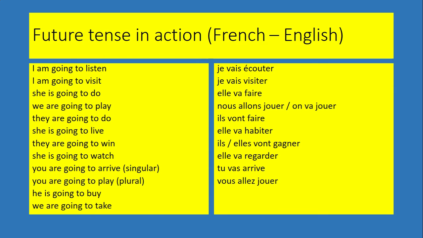Vous allez jouer, il va acheter and nous allons or on va prendre. And hopefully you've noticed the deliberate mistake there: in the on va prendre it should be va, not vas. As I'm sure you know, vas is the form of the verb aller if tu was the subject. So apologies for the couple of little errors there.